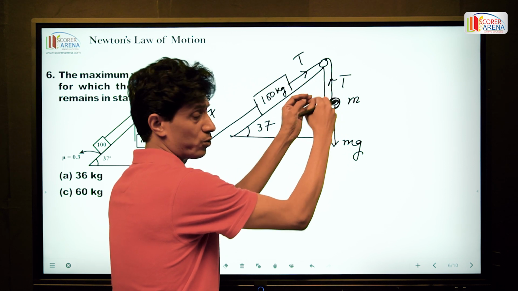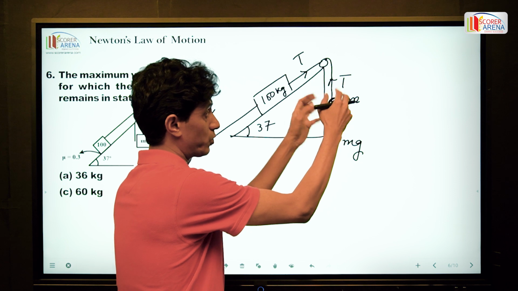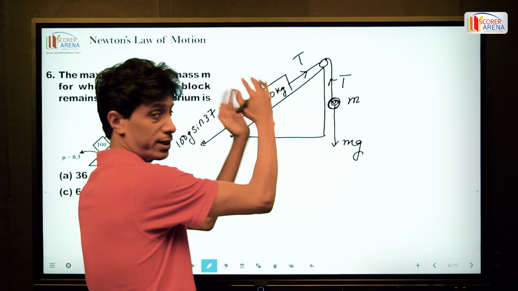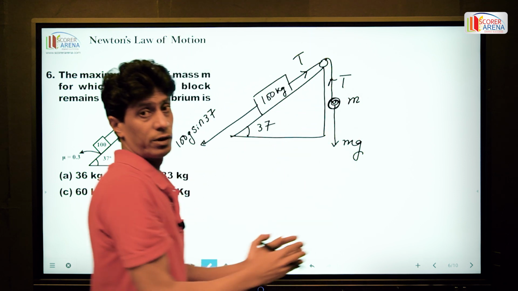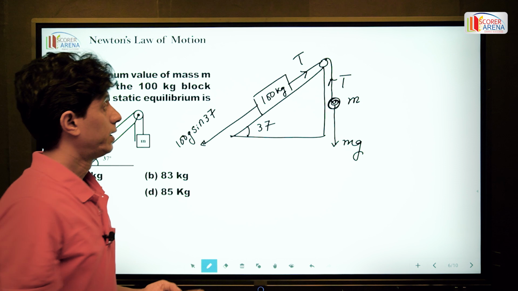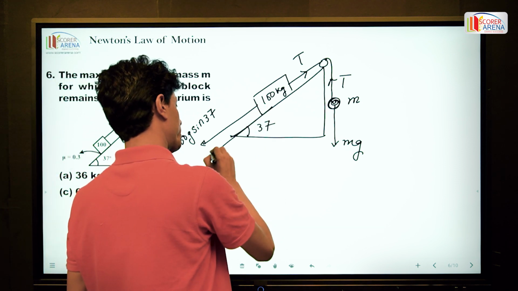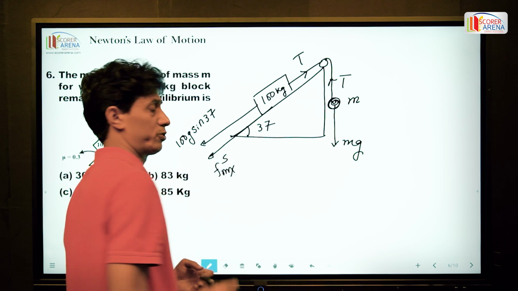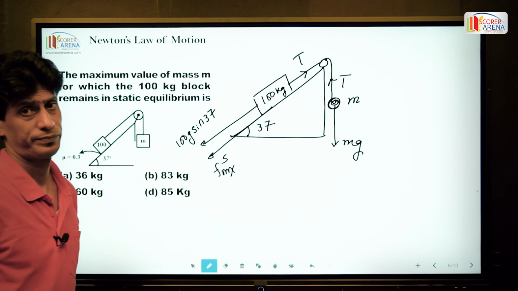If this mass goes on increasing, at a particular value of mass this body has the tendency to move up. When this body has the tendency to move up, the friction acting on this body is F max, the maximum static friction.